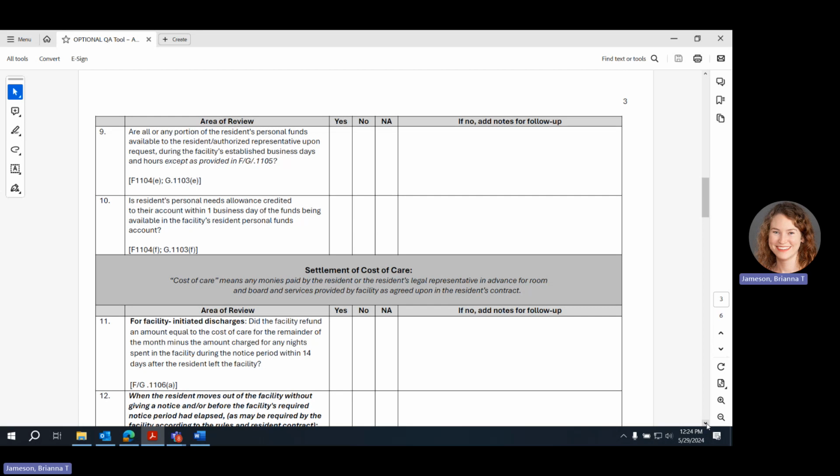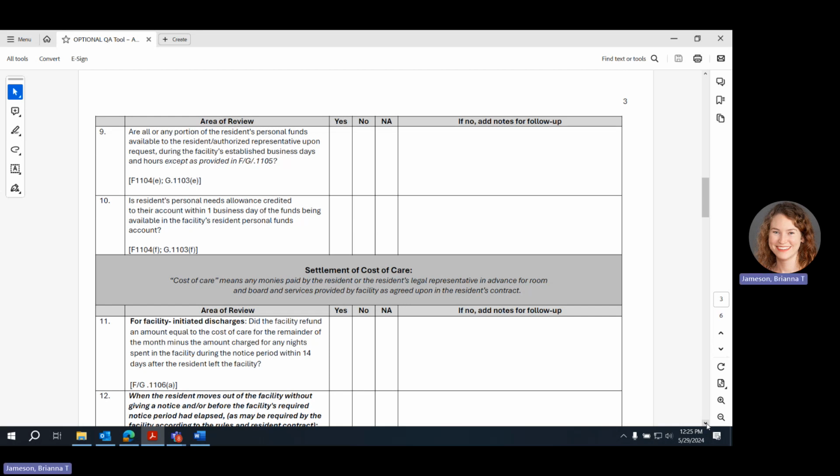Settlement of cost of care. Cost of care means any monies paid by the resident or the resident's legal representative in advance for room and board and services provided by the facility as agreed upon in the resident's contract.